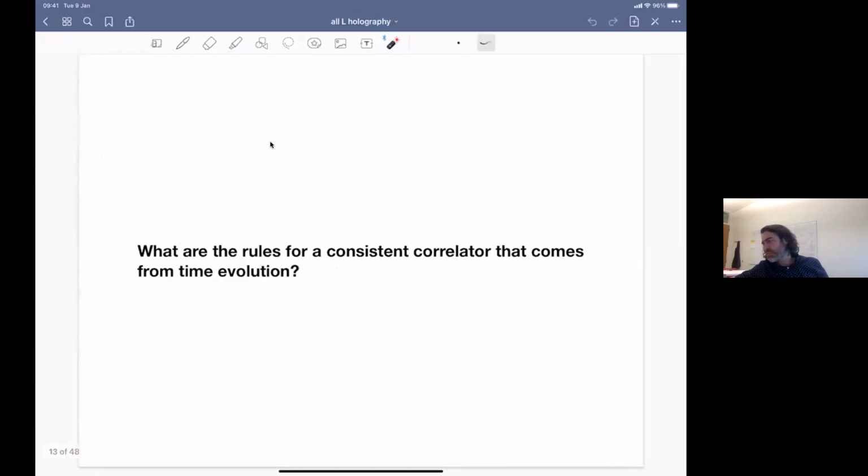Okay, and so in order to begin to address this question, I apologize, but I'll only have answers, or at least partial answers, for how to do this in perturbation theory. So I'm going to be talking about constructing perturbative correlation functions in de Sitter space from this boundary perspective. And in order to start to do that, the question that we're confronted with is: what are the rules that a consistent boundary correlator has to satisfy that come from local causal time evolution?